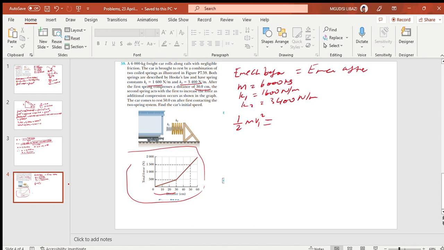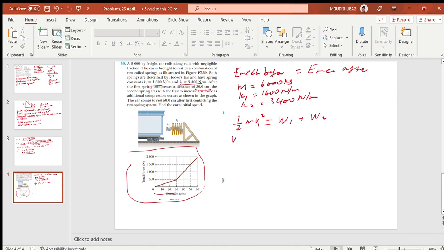So assuming that v1 is exactly before the first compression, that's going to be equal to the work done by spring 1 plus the work done by spring 2, and after that, that's all we have. Because it comes to rest, we do not have a kinetic energy. Then we can calculate now. We do have m, and we want the initial velocity.